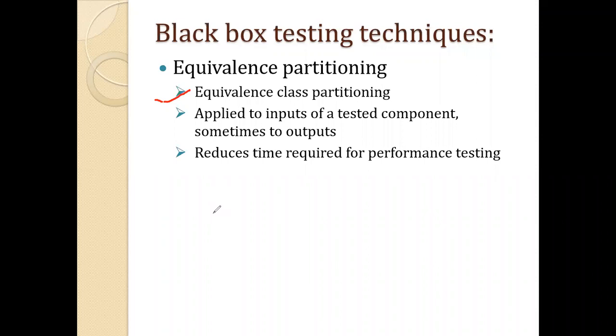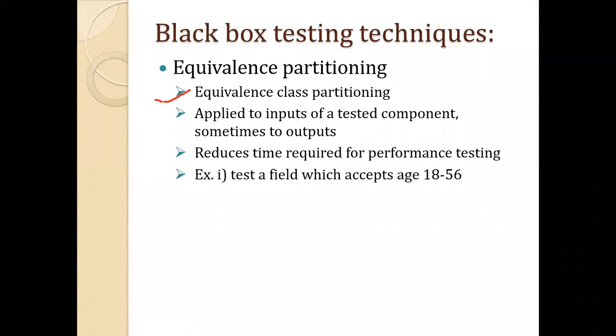These test cases from the groups ensure the coverage of all possible scenarios. What type of scenarios could be there? They are given here in the example. The first example is testing a field which accepts the age between 18 to 56.